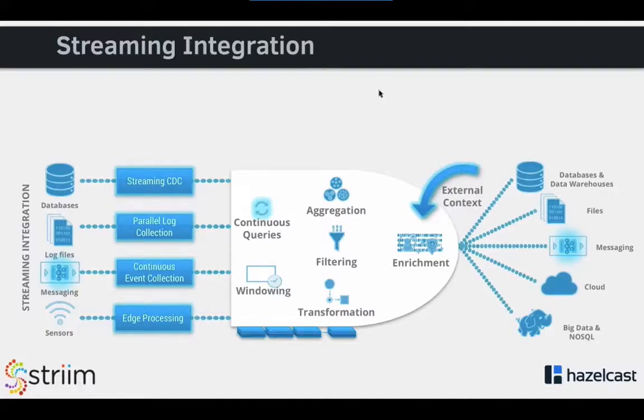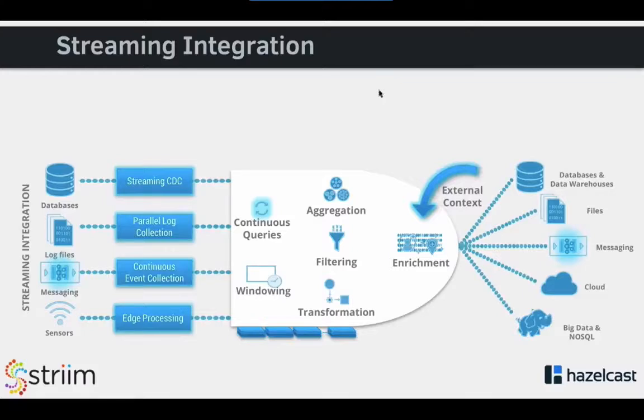Databases are typically thought of as a historical record of what's happened in the past. But by using a technology called change data capture, you can see all the changes as they're happening in a database. What you end up with is a change stream, a stream of the updates happening within the database.